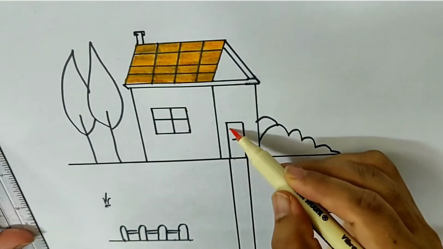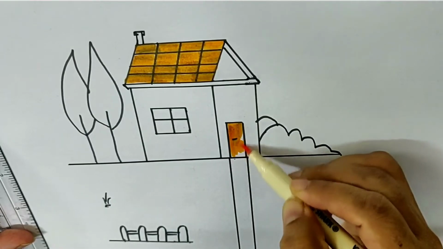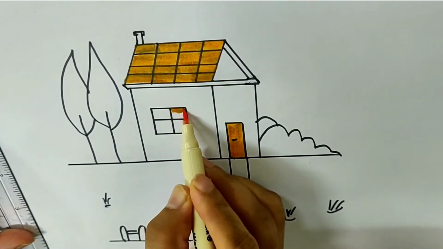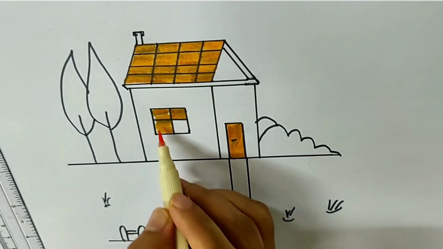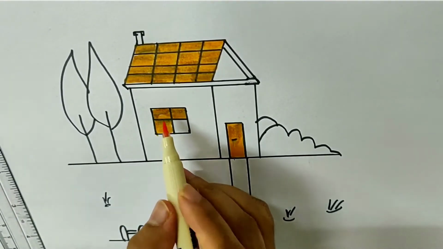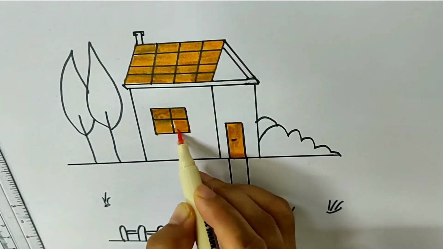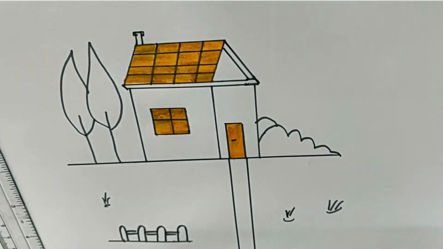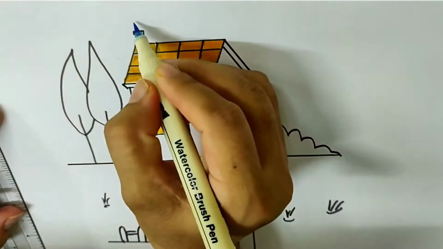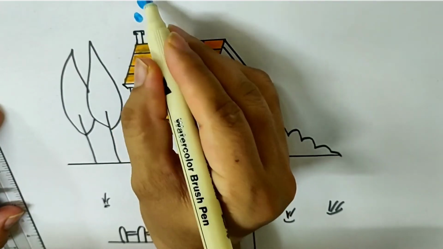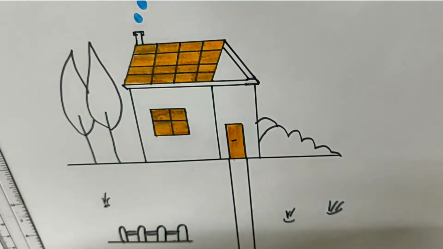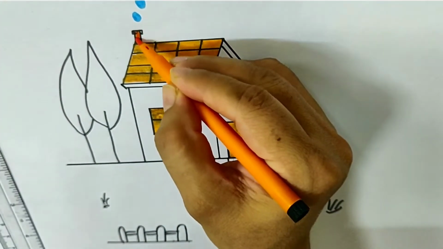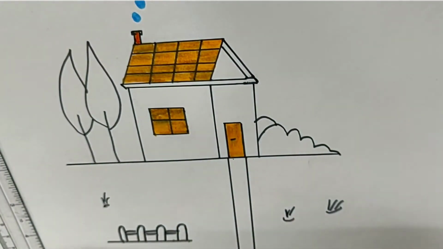and we are going to paint our house yellow. Yellow, yellow, sweet fellow. This is our window. This is our chimney.